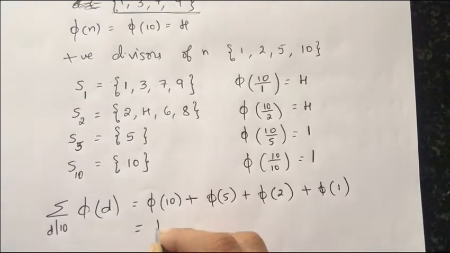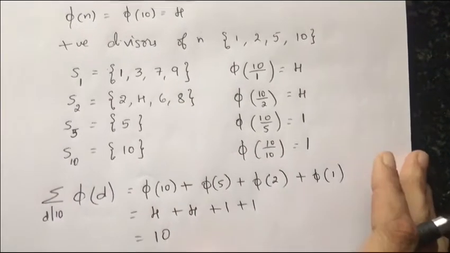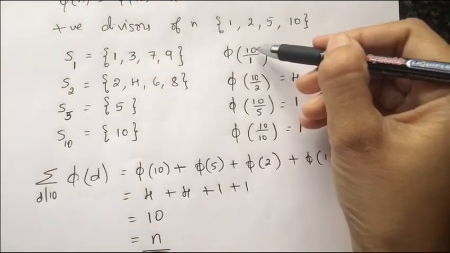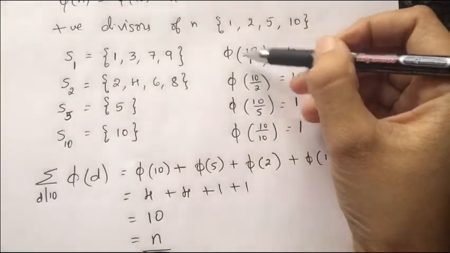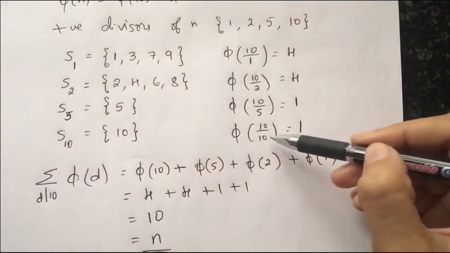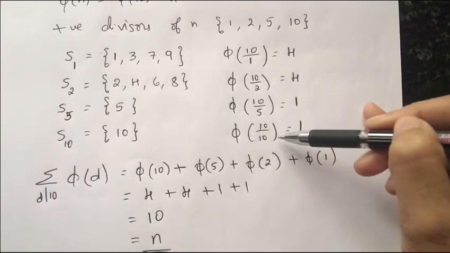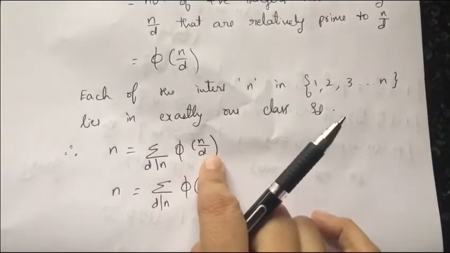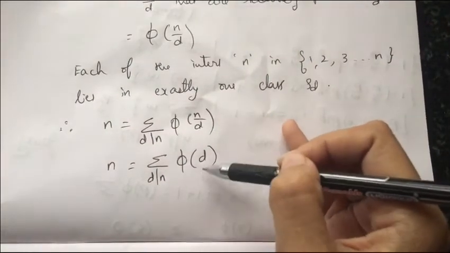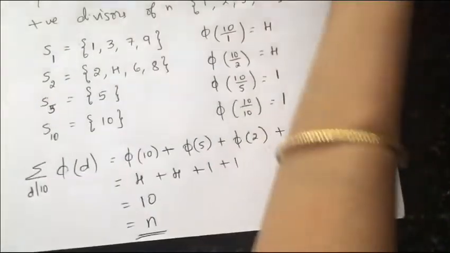So which is nothing but 4 plus 4 plus 1 plus 1, which is equal to 10, which is nothing but n only, right? See, this is phi of n by D: phi of 10, phi of 5, phi of 2, phi of 1. That's 1, 2, 5, the other way around. So phi of n by D is the same as phi of D in some other order. That's why we are writing phi of n by D as phi of D, so that their summation is nothing but the integer n only.